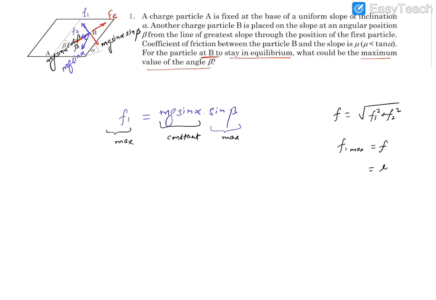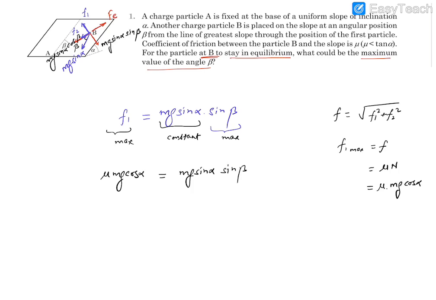Now what is the total friction going to be? This is going to be mu into the normal reaction. What is the normal reaction? We can say the normal reaction is going to be the component of mg into the plane, which is mg cos alpha. So F1 maximum we have got, and it is mu mg cos alpha. This must be equal to mg sine alpha sine beta.